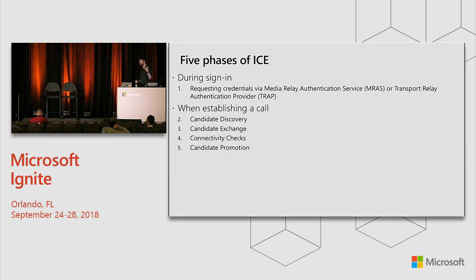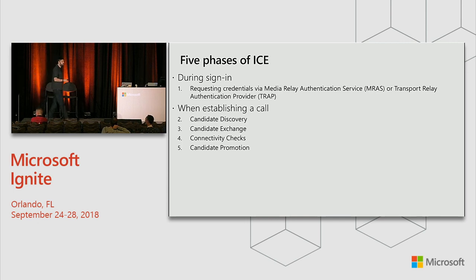So during sign-in, we need credentials. And why do we need credentials? Because when we talk to that transport relay, we need to make sure that the transport relay knows who we are. When you bought Office 365, you're paying for a service, so we're not going to give out media candidates willy-nilly. We're going to give them only to people who paid for our service. So we need a credential to authenticate.